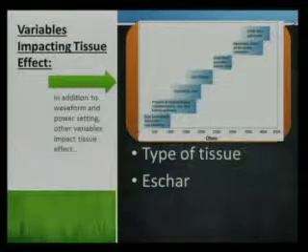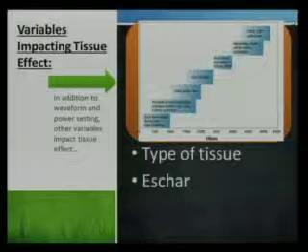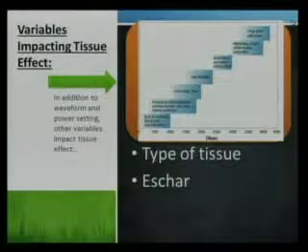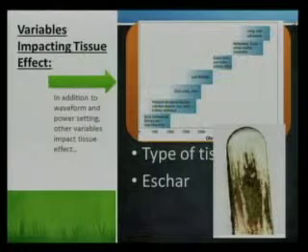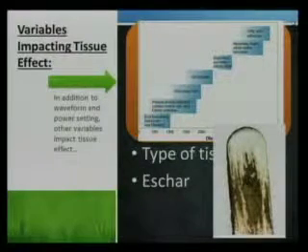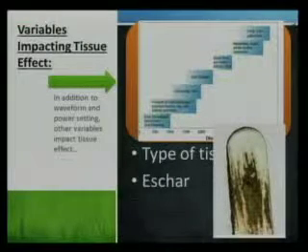So each tissue has an inherent resistance, but additionally, they're dynamic as you are creating an effect with your electrosurgical instruments. And the last thing that can have an impact on your tissue effect is this carbonization that results on the tip of your electrode.